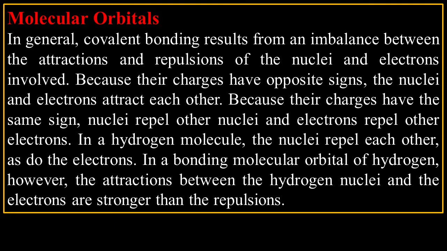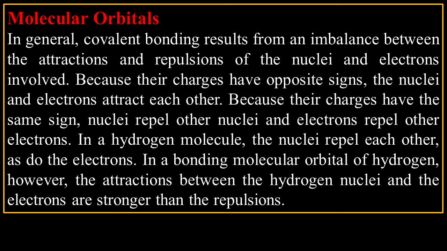It says, in general, covalent bonding results from an imbalance between the attractions and repulsions of the nuclei and electrons involved. Because their charges have opposite signs, the nuclei and electrons attract each other. Because their charges have the same sign, nuclei repel other nuclei and electrons repel other electrons. In a hydrogen molecule, the nuclei repel each other, as do the electrons.